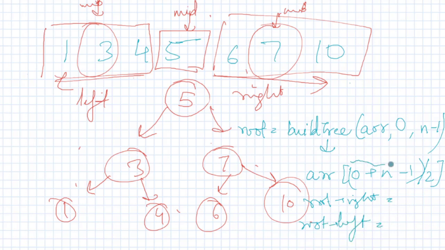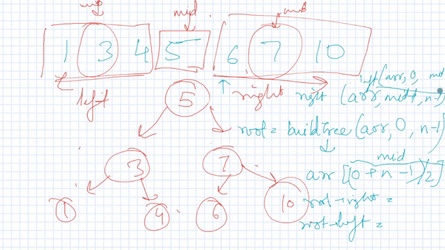Let's take this value as mid. The root's right will come from this function, where the beginning would be mid plus 1 and the ending would be the same as before. This is for right. But for left, the ending will be mid minus 1 and the beginning will be 0.